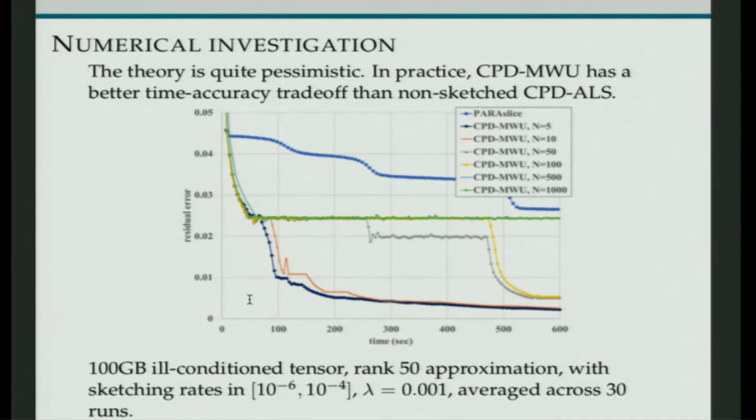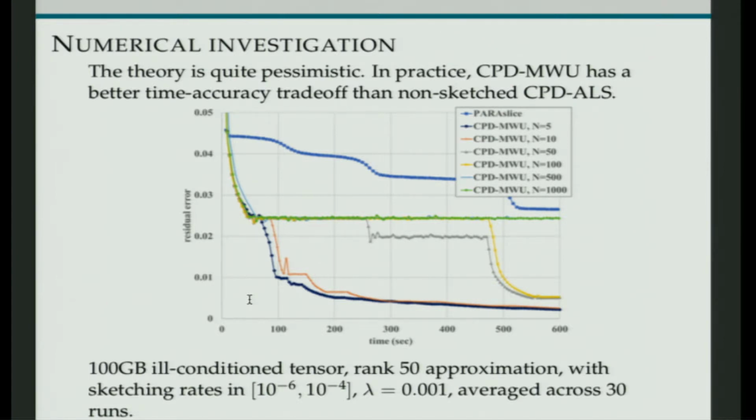Paraslice is just a parallel implementation of CPD ALS. And then we're just looking at the effect of using this multiplicative weights update algorithm with different numbers of arms. Because the more arms it can handle, the more freedom that gives the user in not needing to be careful with selecting their sketching rates and letting the algorithm adapt to it.